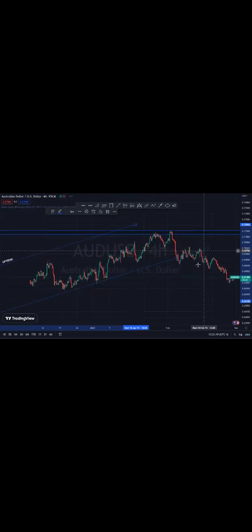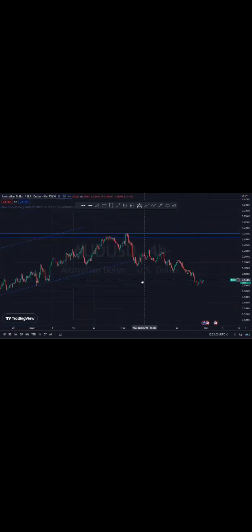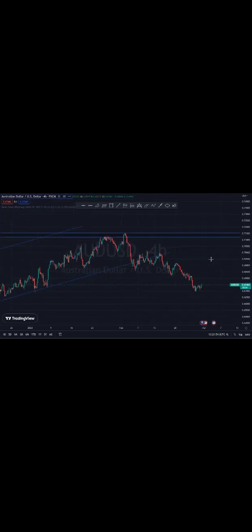Once you've moved down to the 4-hour, you're gonna see the current trend. Since on the daily we were in an uptrend, and then we started going down, on the 4-hour I'm gonna highlight the current trend.